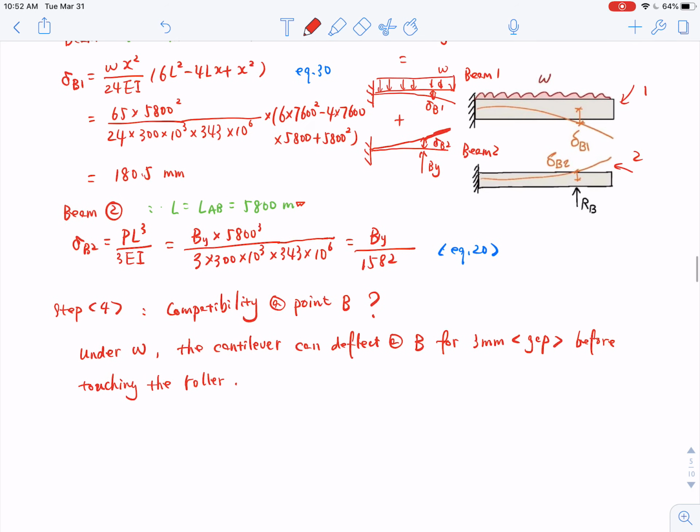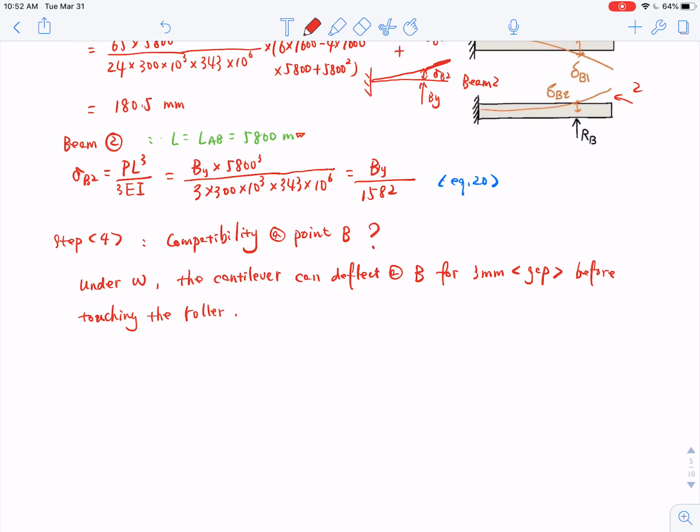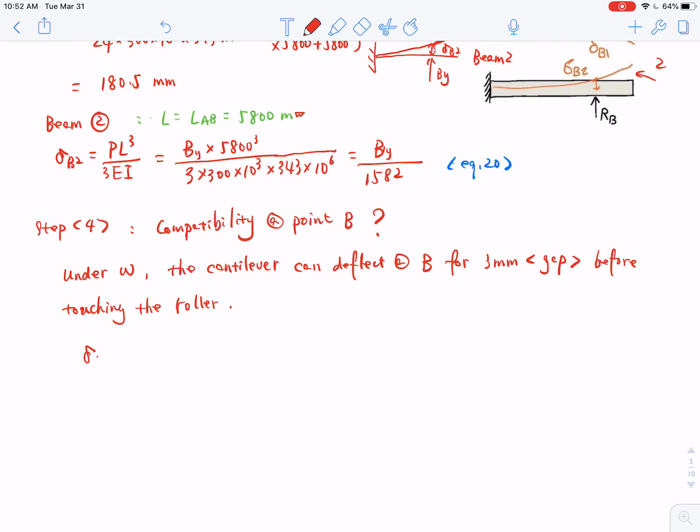The magnitude of the delta B1 will always be larger than the delta B2 by 3 millimeter. Okay, so based on this analysis, we can write this equation: delta B1 minus delta B2 equals 3 millimeter, the magnitude values. Or you can write that delta B1 equals delta B2 plus 3 millimeter. If you do the calculations with signs, you can also write delta B1 plus delta B2 equals 3.